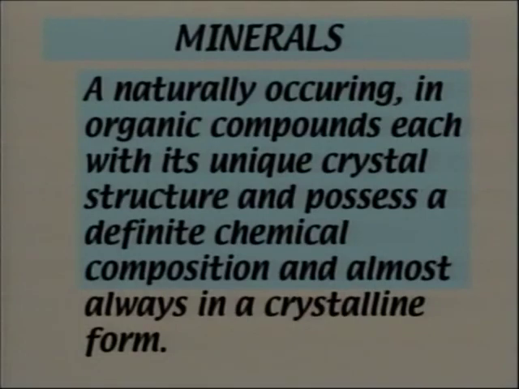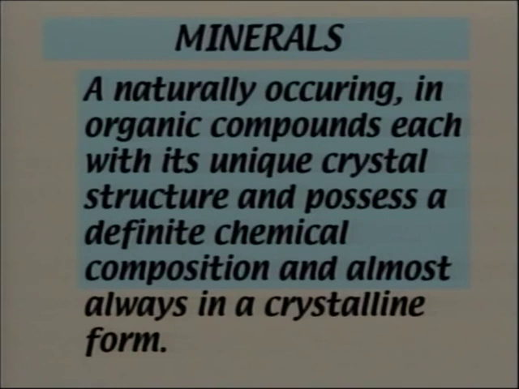They occur naturally in nature. They are also inorganic compounds. They are not made of plants or animals. They are inorganic compounds, each with its unique crystal structure, and also possess a definite chemical composition.